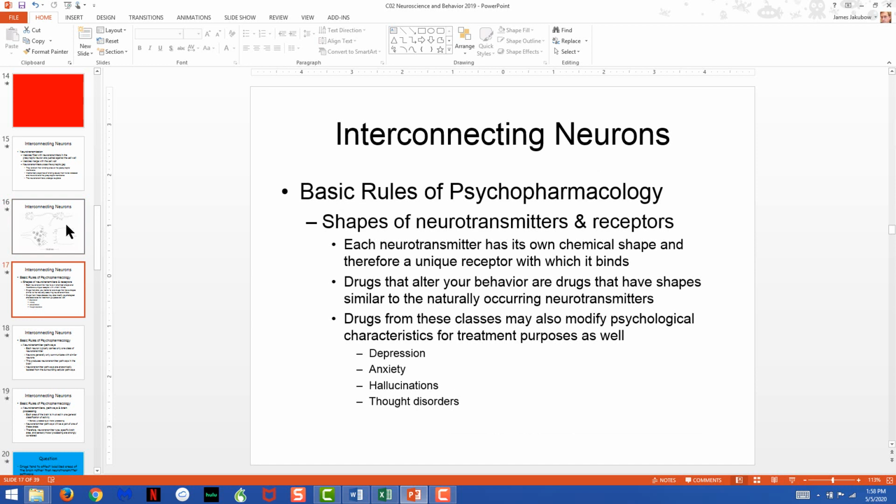Now consider the operation of neurotransmission and how it affects a variety of different things, such as the treatment of psychiatric disorders. It's very commonly recognized that there are drugs that treat depression and anxiety and other types of hallucinations or delusional thinking and so forth.